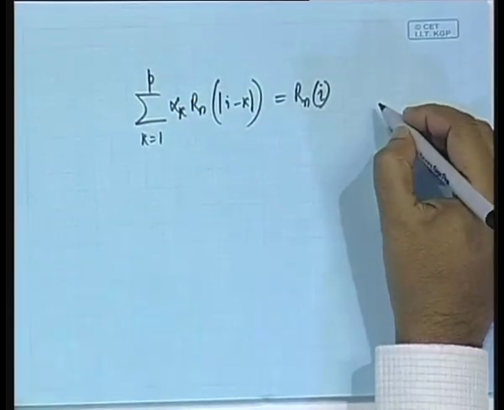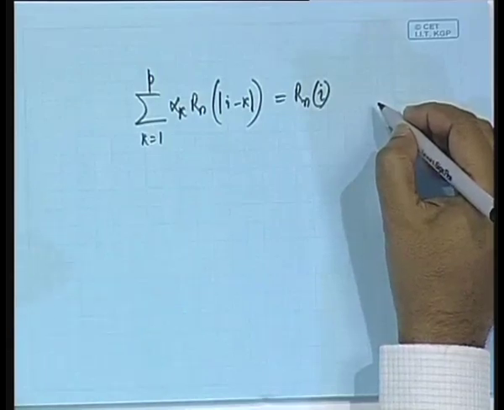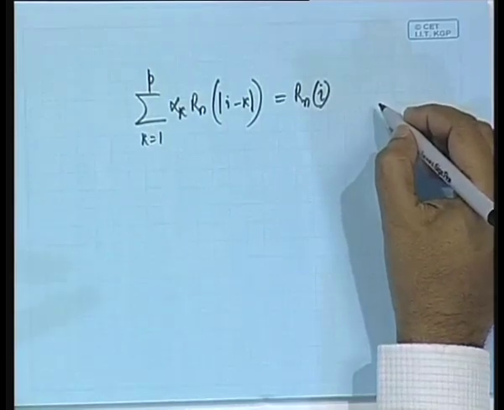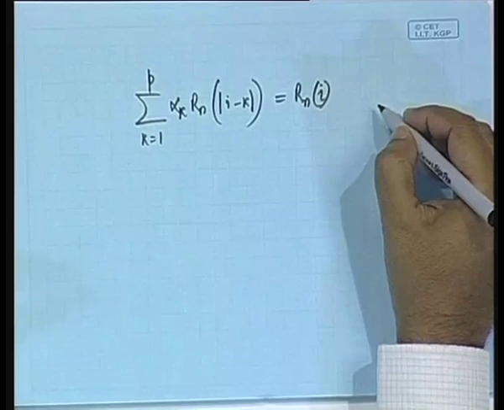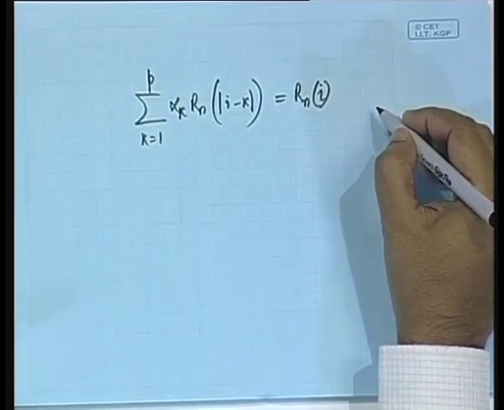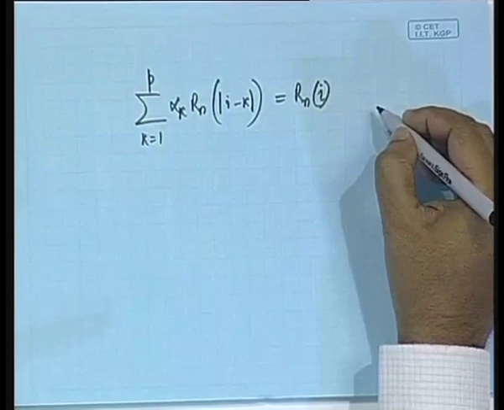And how many such equations are there? The same, p equations. Note that till now we haven't solved the equation. We are back again to the same equation, whatever was our starting point, just written in a different form, that's all.